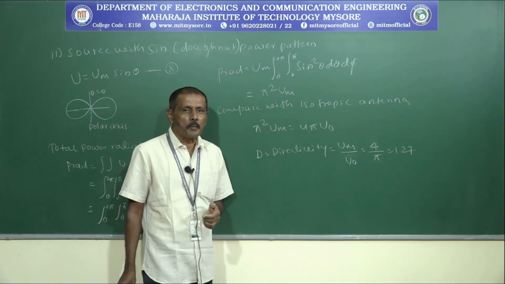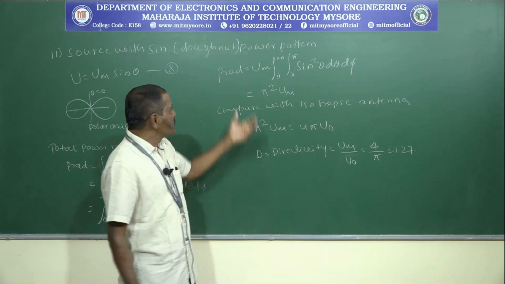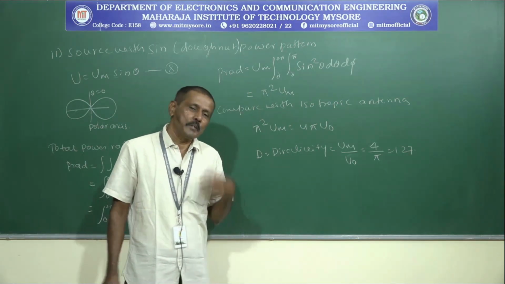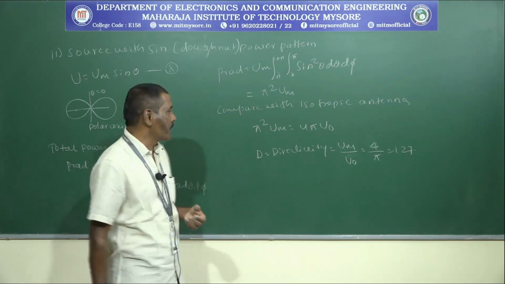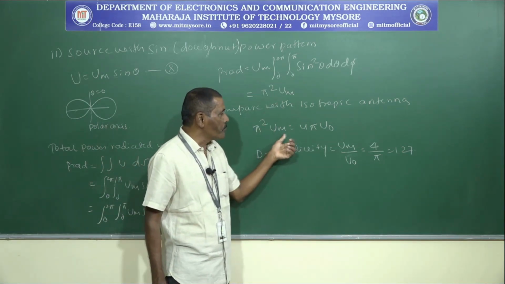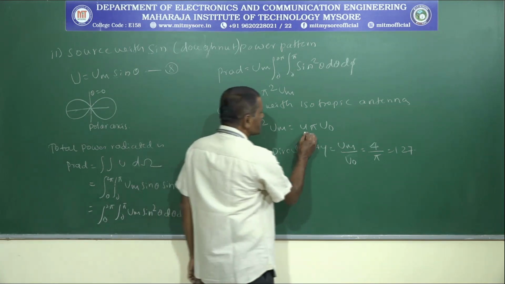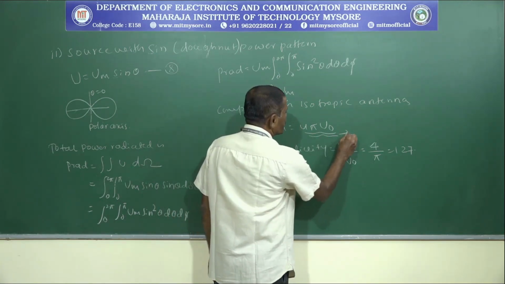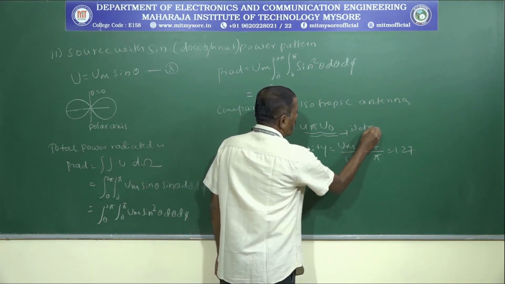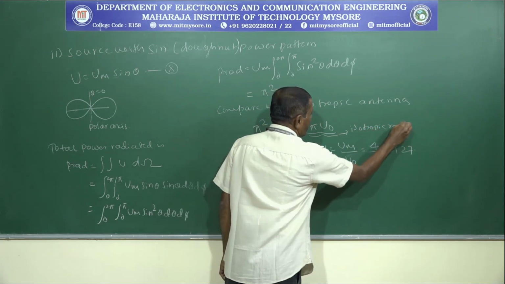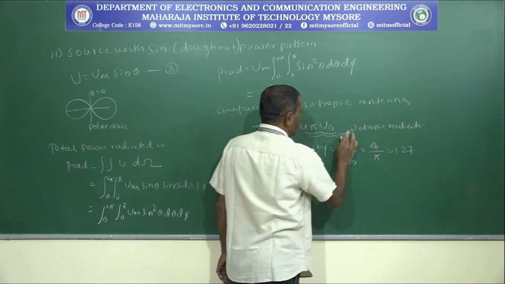pi square into UM. Now compare this power radiated with the power radiated by the isotropic antenna, that is pi square into UM is equal to 4 pi into U0, and this is with respect to your isotropic radiator.